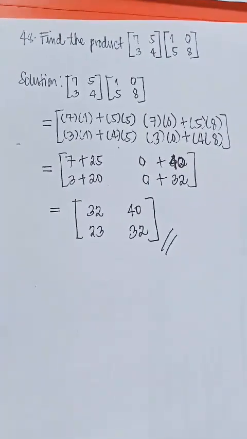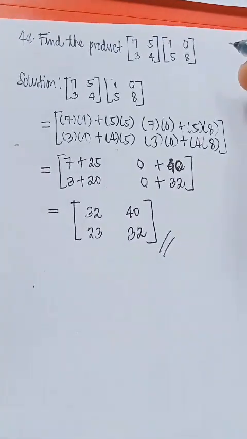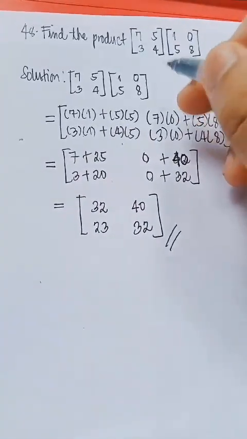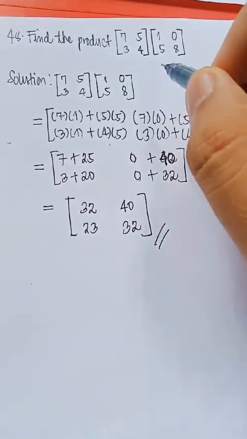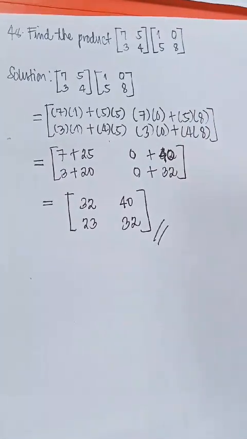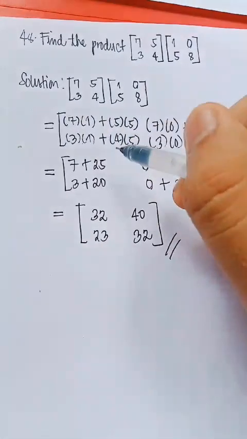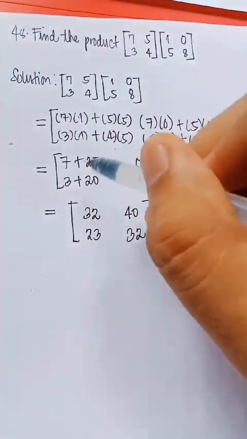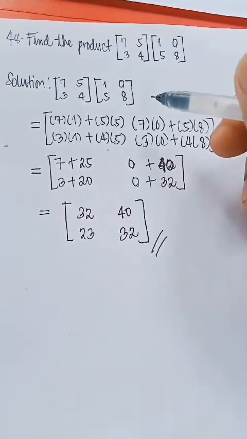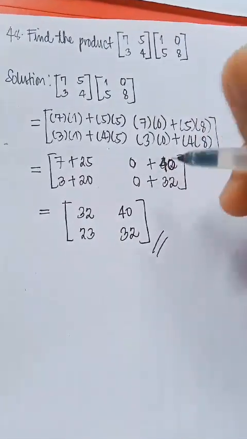Problem number 48. Find the product of the given matrices. Since we're looking for the product, we have to multiply the given matrices. Multiplying this, 7 times 1 is 7, 5 times 5 is 25. 7 times 0 is 0, and 5 times 8 is 40.